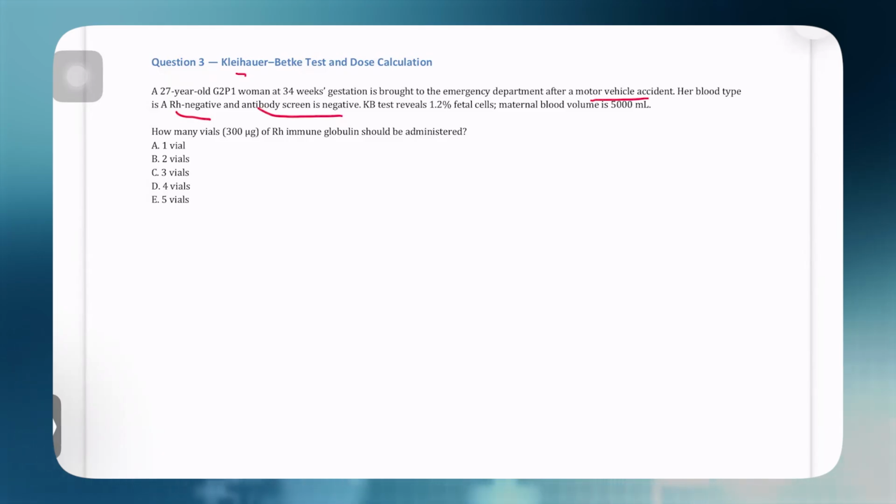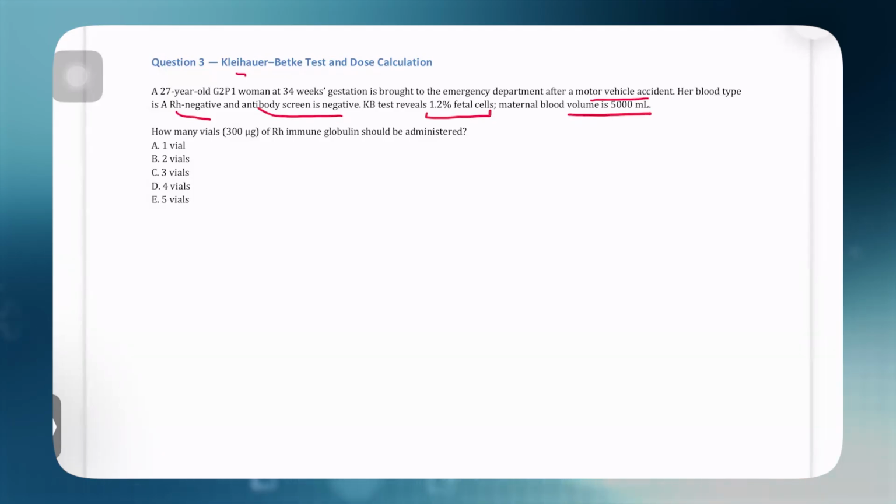The Kleihauer-Betke test reveals 1.2% fetal cells. Maternal blood volume is 5000 ml. So, how many vials of 300 microgram of RH immunoglobulin should be administered? One vial has 300 micrograms. Two vials would have 600.